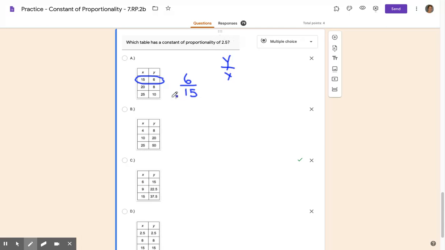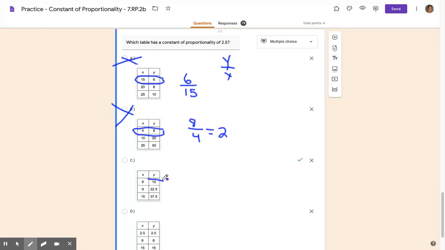That's not 2.5, so it's not going to be A. B, we could take this table entry, the y is 8, divided by 4, which is 2, and so that's not the one with 2.5.